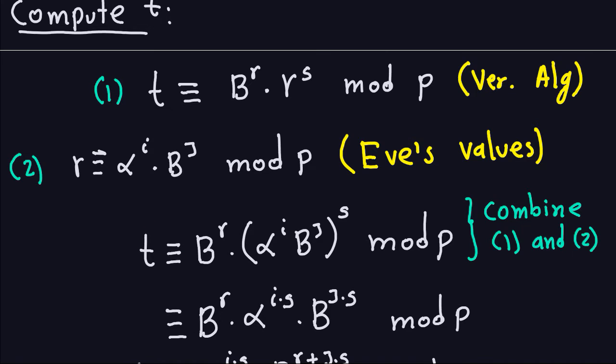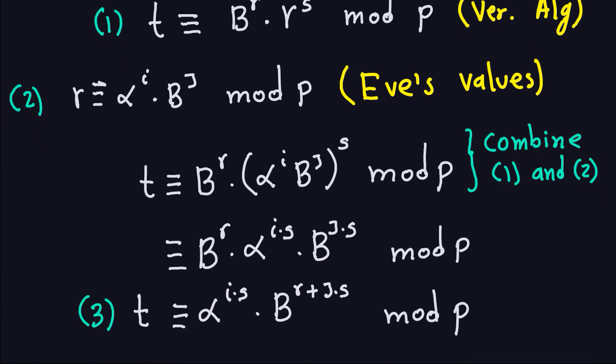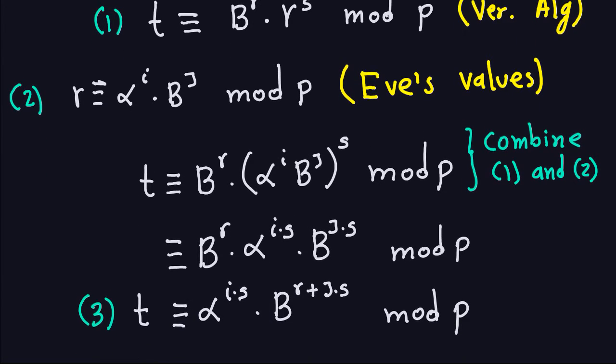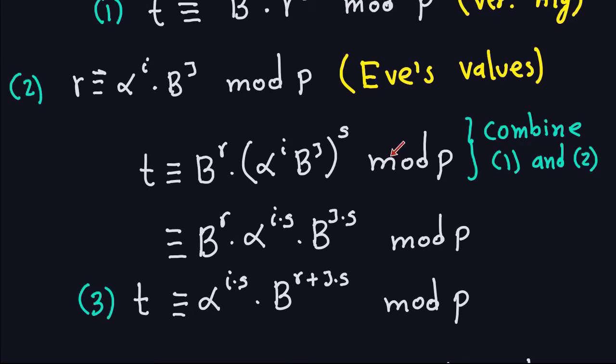So I have b to the r, alpha to the i, b to the j, all to the s. And if I apply the rules of exponentiation, which are also true in modular arithmetic, then I can have alpha to the is times b to the js. This step is just algebra.